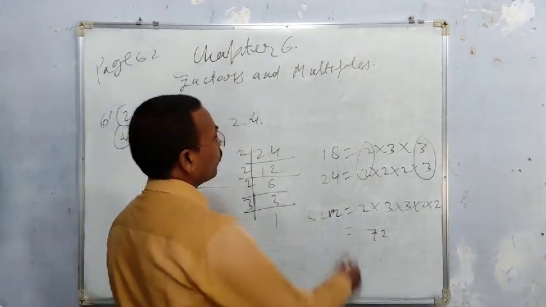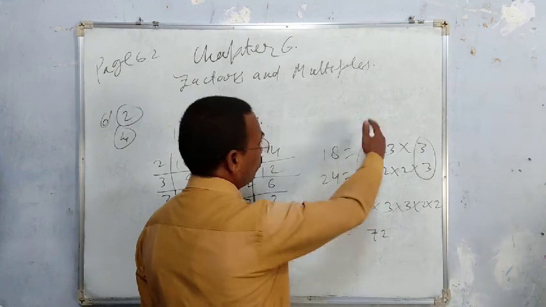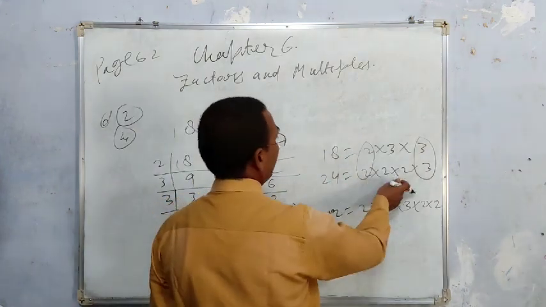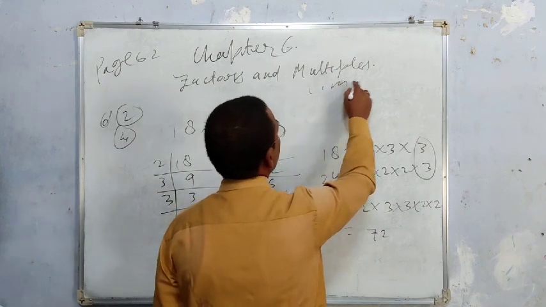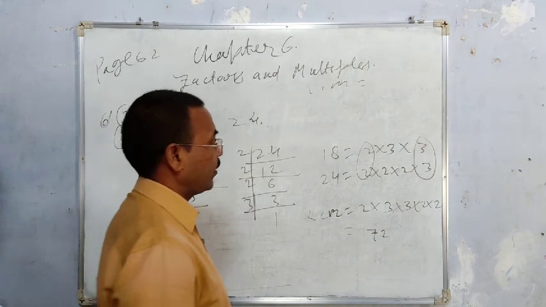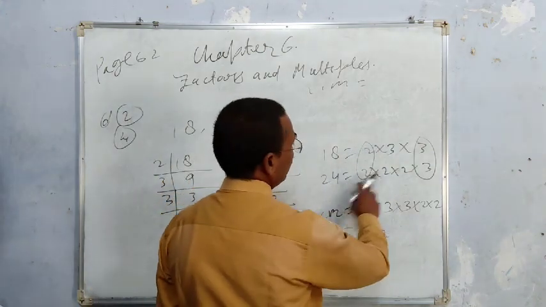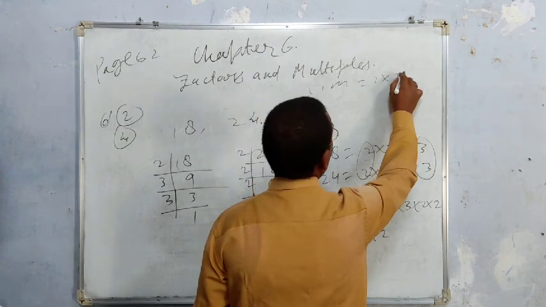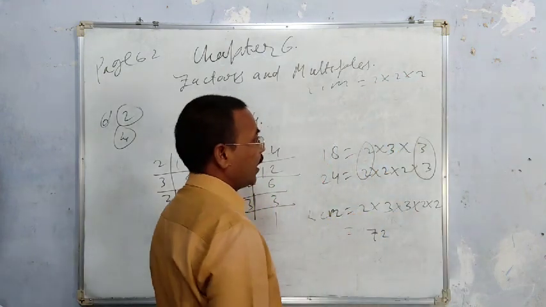One more method: you can find the LCM without selecting the common factors. See here, you are seeing only 2 and 3. Here 2 is coming 1 time, here 2 is coming 3 times. So you have to multiply the maximum times, that is, 2 should be multiplied 3 times.